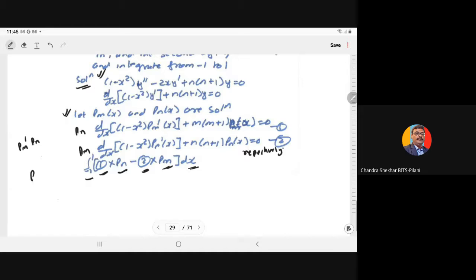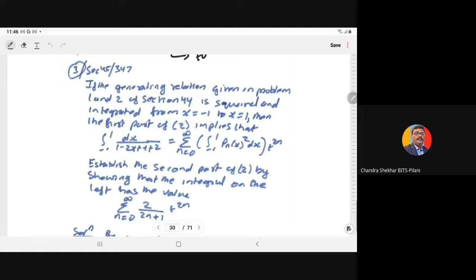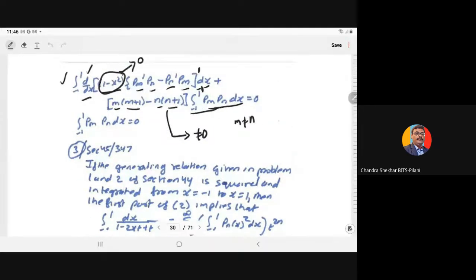Right? Here we have the Pn dash, here we have the Pm. So when we differentiate, we have the Pm dash Pn dash, here we have the Pn dash Pm dash, and that will cancel each other. So that you can write inside, that you can take inside also. For example, I am just differentiating this.